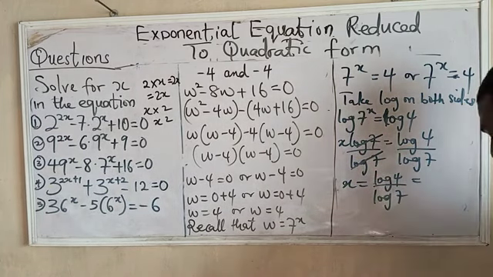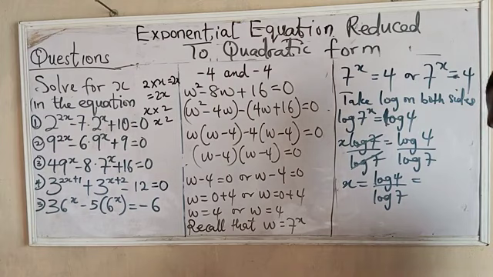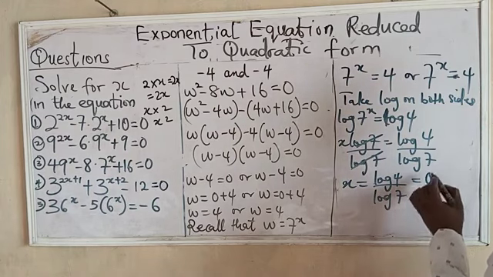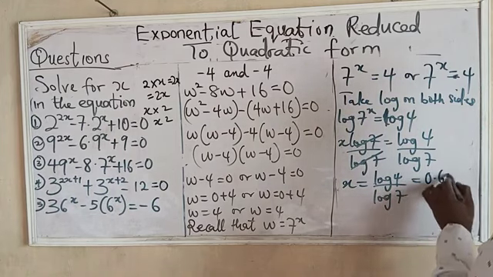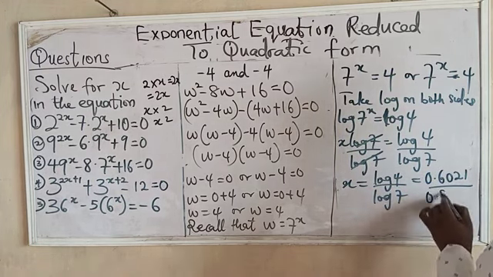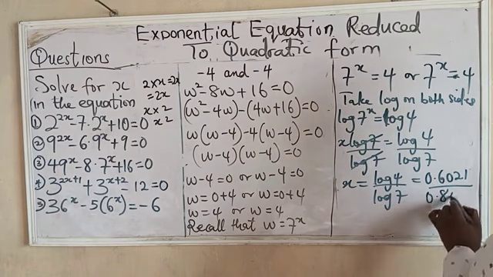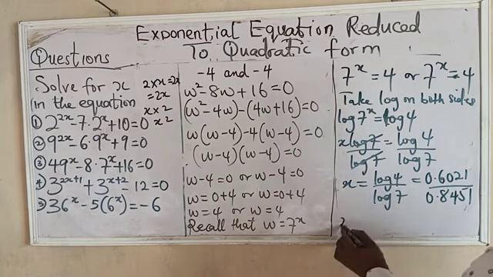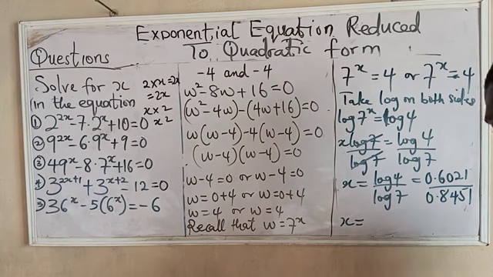So I check my calculator. What is log 4? Log 4 is 0.6021, divided by log 7, which is 0.8451. Then my x equals 0.6021 divided by 0.8451.